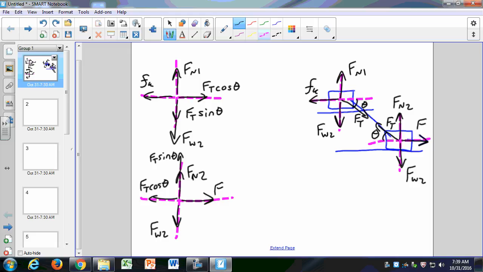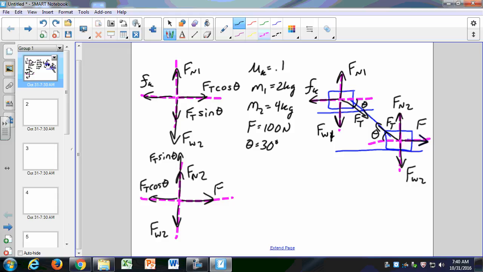Okay? So now in this problem, I gave you the masses of the blocks, I gave you the force F, and I give you the angle theta. And I also give you the coefficient. So I can just give you some values here. I'm not going to work out all the numbers, but let's just give some values. We'll say that mu k is 0.1, m1 is 2 kilograms, m2 is 4 kilograms, F, let's say, is 100 newtons, and theta was 30 degrees.